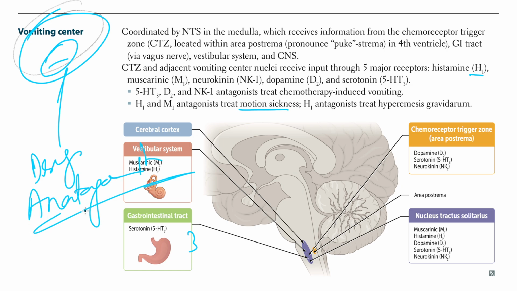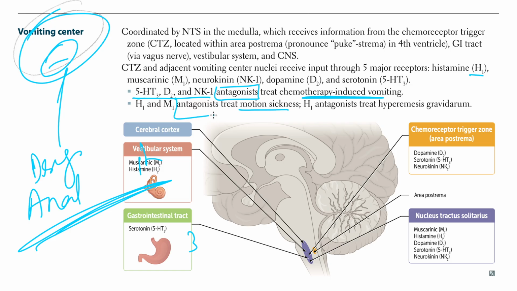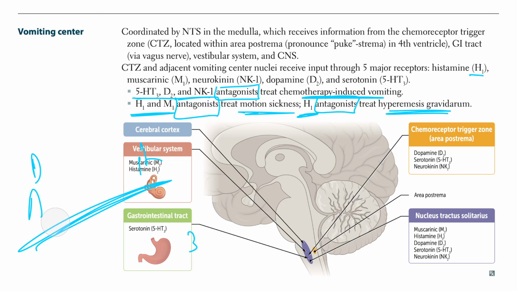They're all antagonists. For example, if you look here, you have antagonism of all of these to treat chemotherapy-induced vomiting, antagonism of all of these to treat motion sickness, or antagonism of this to treat hyperemesis gravidarum.